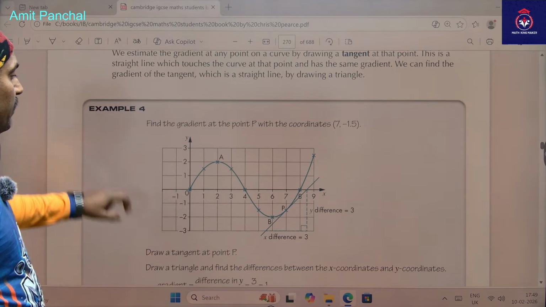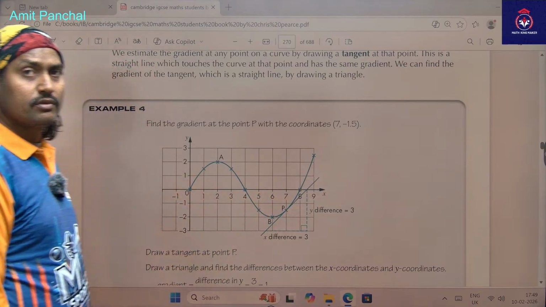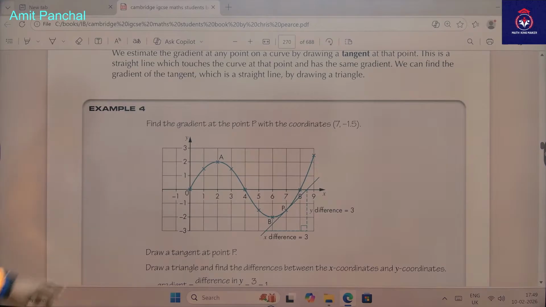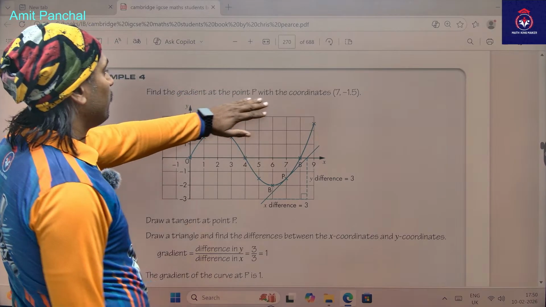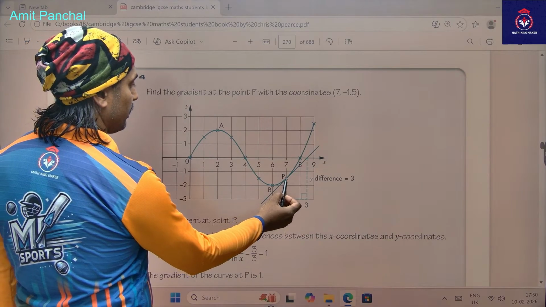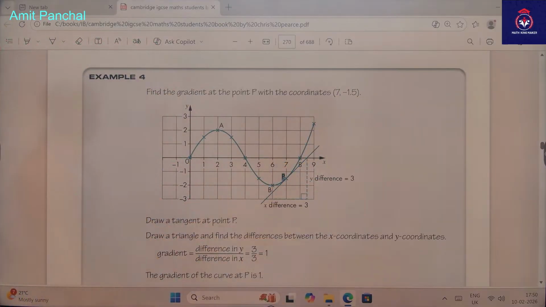So if you want to find the gradient at this point P, you need to draw a tangent. If you want to find the gradient at the point P with coordinates 7 and minus 1.5, just get this point and draw a straight line.